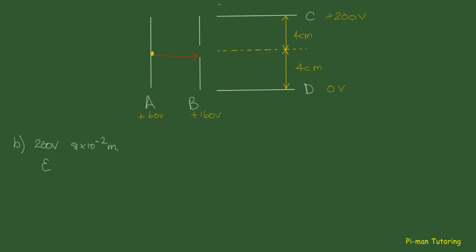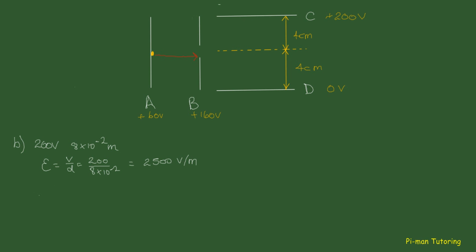E is equal to the voltage divided by the distance. So that's 200 divided by 8 times 10 to the minus 2. And that gives us an electric field of 2,500 volts per meter. That's the electric field strength.